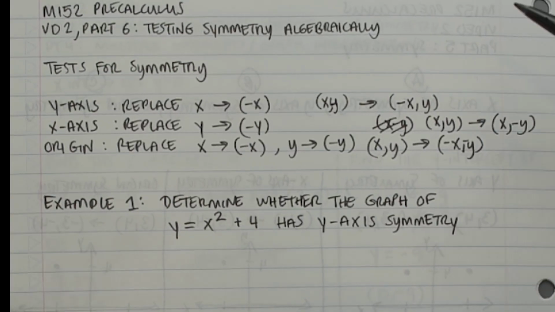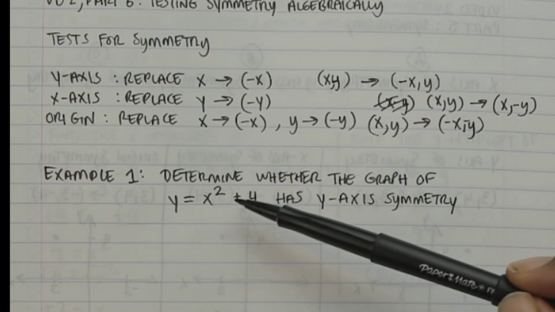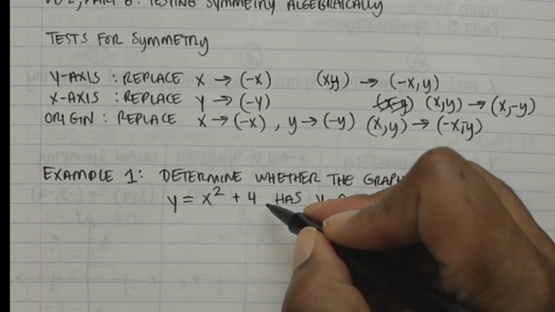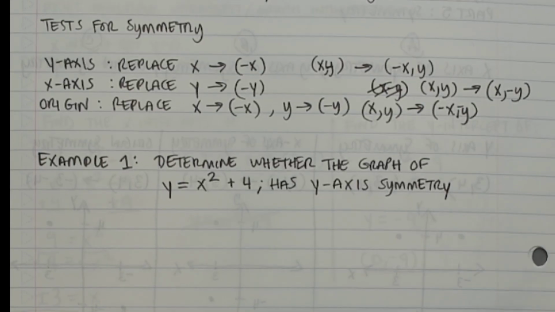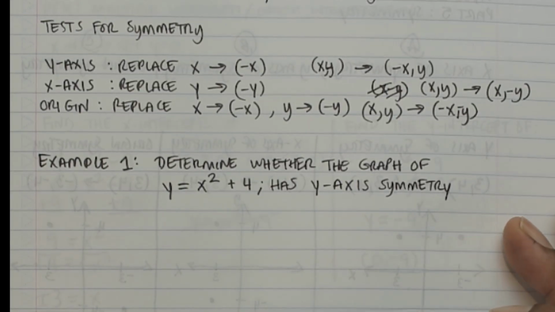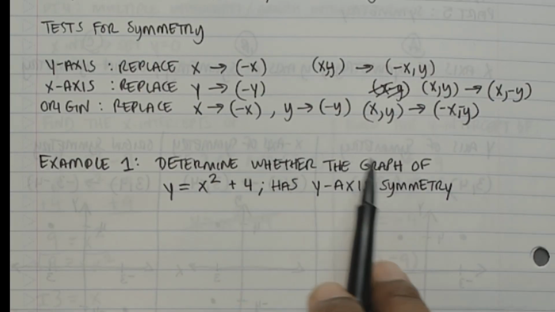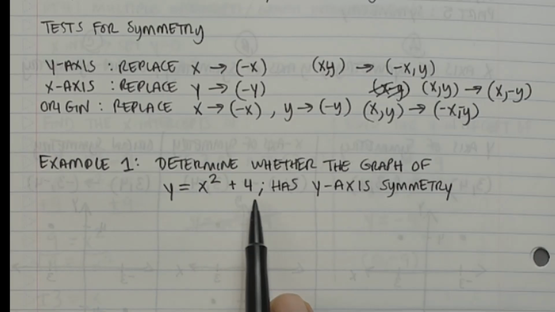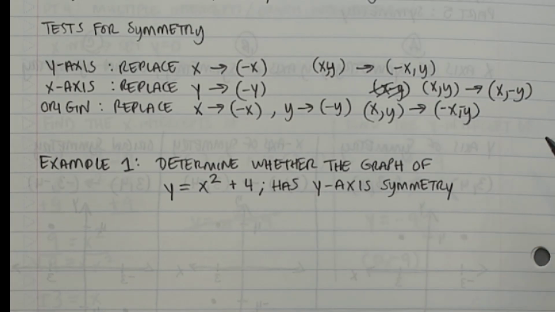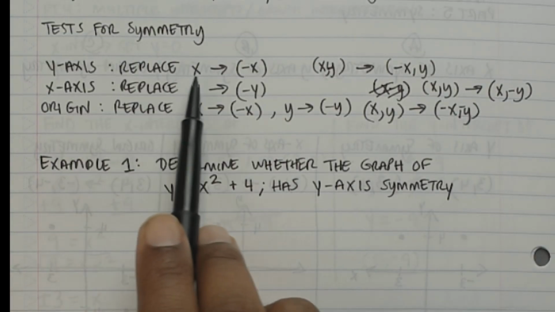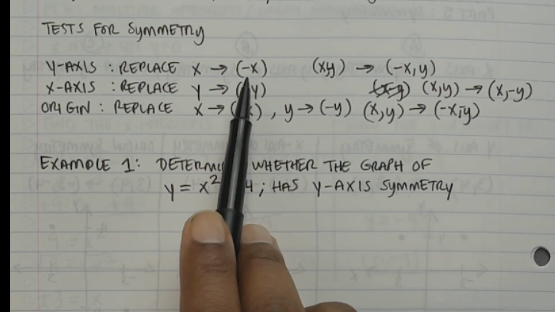So for y-axis symmetry, what do we need to do? For y-axis symmetry, we need to replace x with negative x.